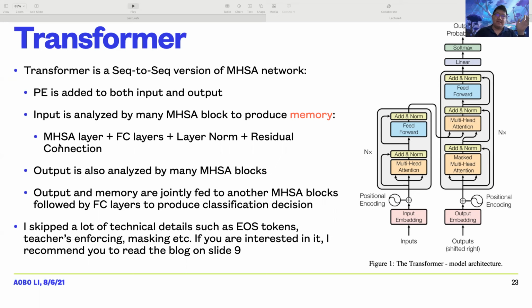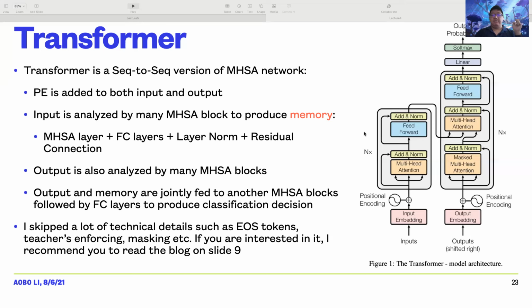Each MHSA block contains MHSA layers plus a fully connected layer plus a normalization layer plus the residual connection, as we discussed earlier. And the outputs, as we mentioned, in a sequence-to-sequence model, we feed in the input and output simultaneously to produce the memory. So the output is also analyzed by many MHSA blocks.